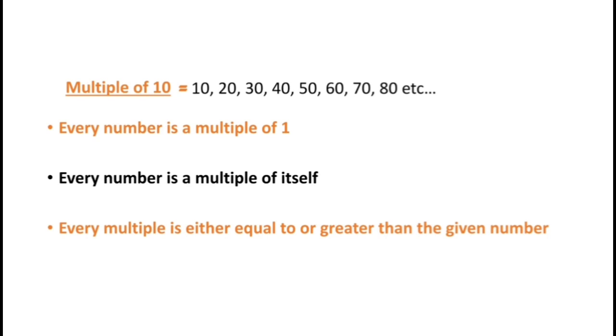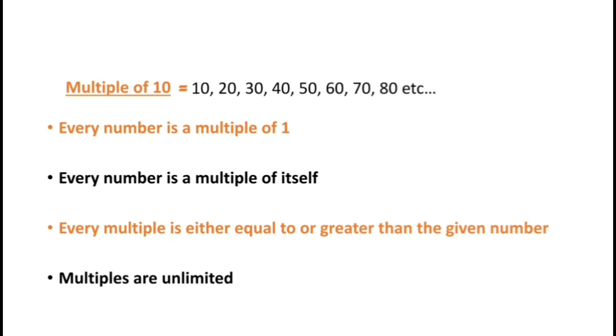Now here we have found the multiples of 10. 10 eights are 80, 10 nines are 90, 10 tens are 100, 10 hundreds are 1000. Like that we can find continuously. We can find many multiples. There is no end at all. So multiples are unlimited.